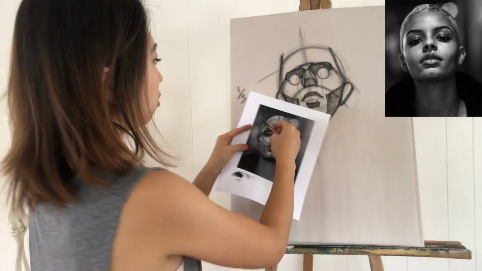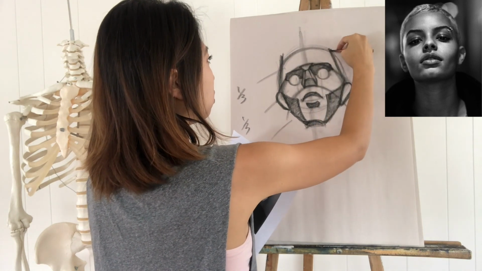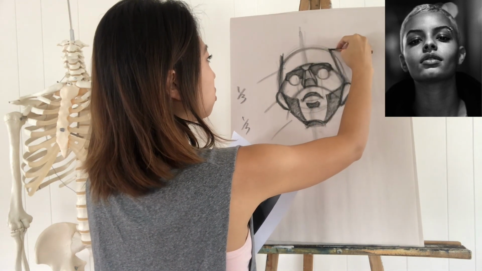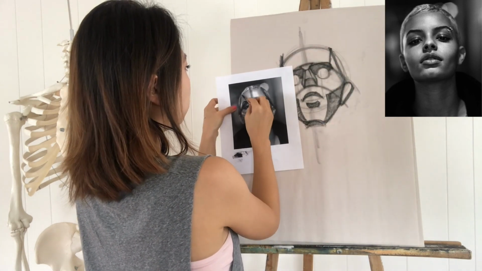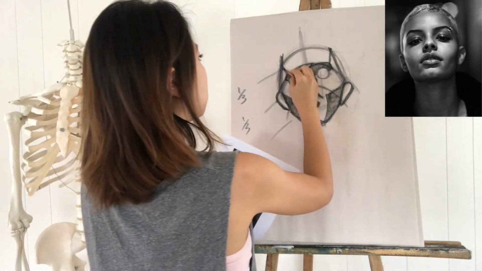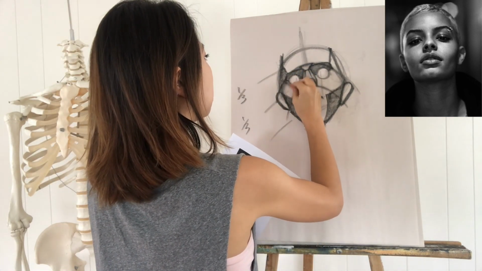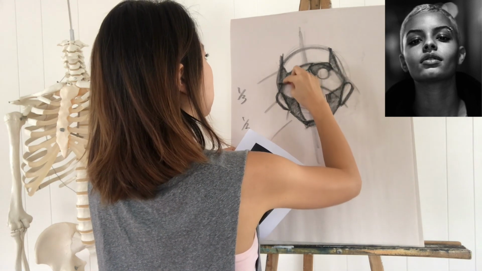And the temporal, this side, you can do this top part to the peak of the brow, and that's where you can kind of see this darker tones of the forehead. Shade it. And that's it.